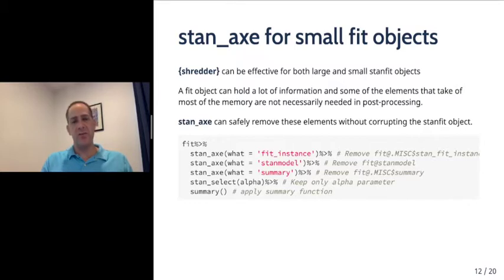So if you're only interested in post warmup and post-processing, you don't really need those extra objects, so you can remove them safely using stanx, such as the fit instance, the stan model, the summary. We've seen that this can reduce smaller fit objects by factors of 5, which is very important when you want to quickly iterate over different models.